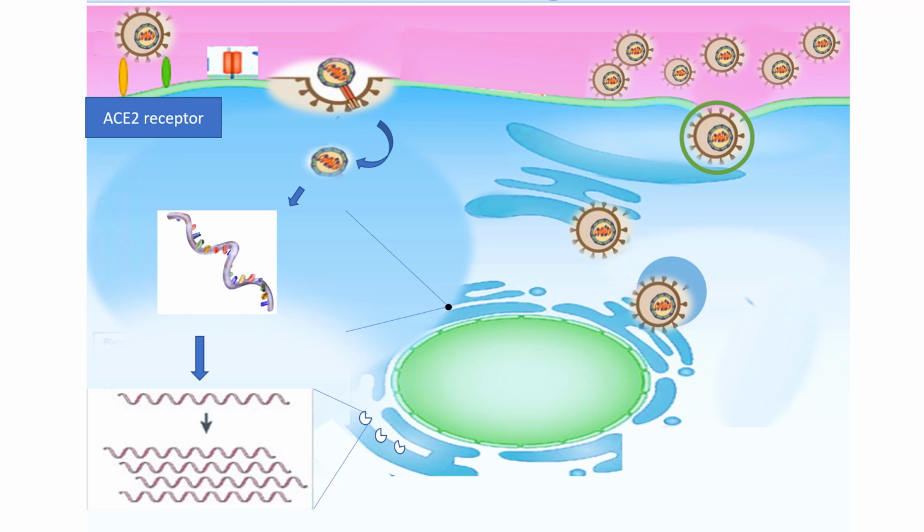But at what stage does the mutation occur? The most important is the genetic material. When the replication occurs, there are some mutations which occur at the nucleotide bases, and one or two mutations can lead to a different variant.